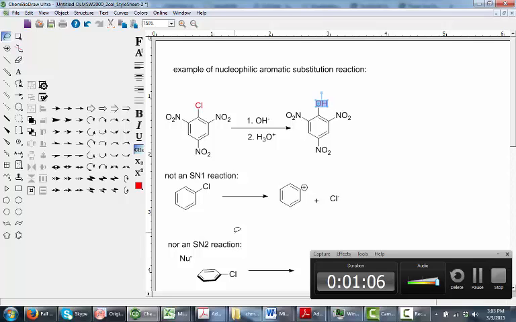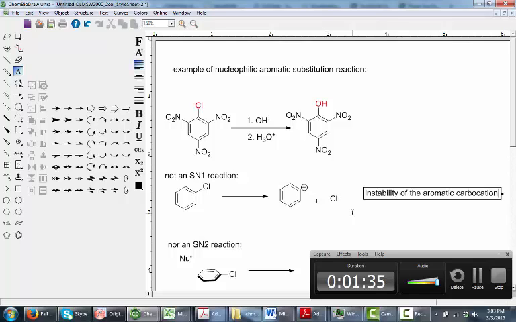You do not form a carbocation intermediate in aromatic substitution reactions because of the instability of the aromatic carbocation. This intermediate is so unstable, so high in energy, that you do not form it, and SN1 type mechanisms cannot occur in aromatic systems.